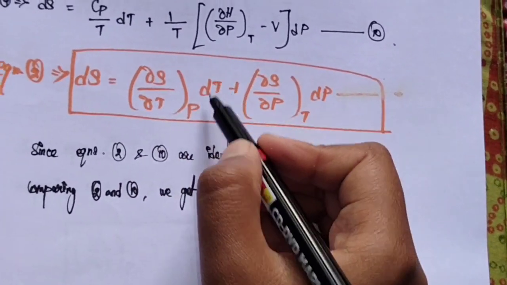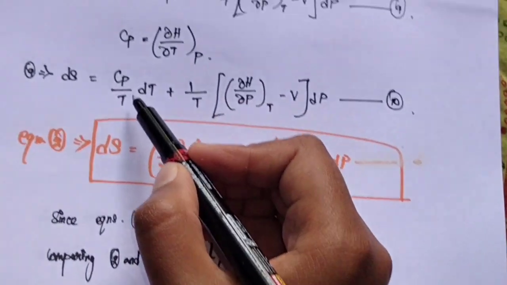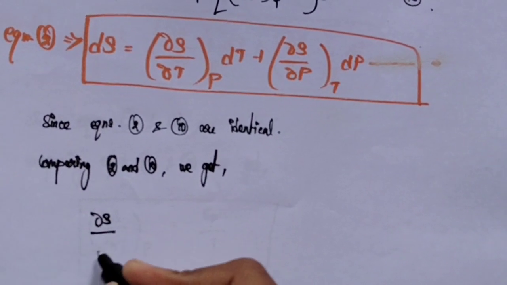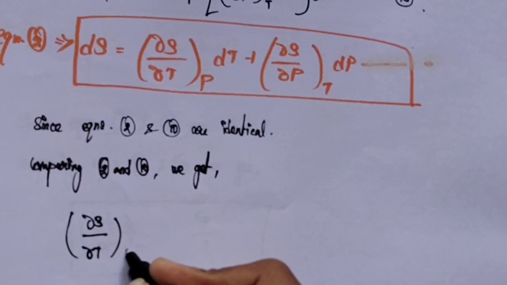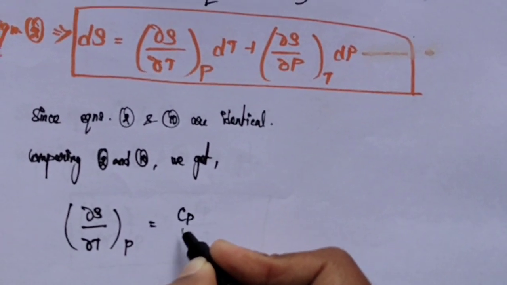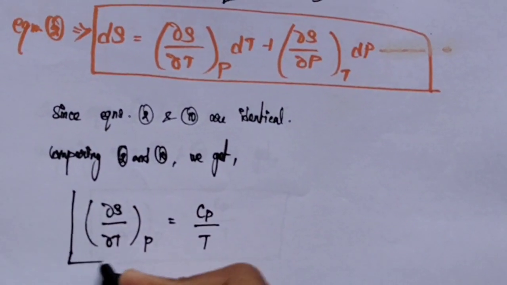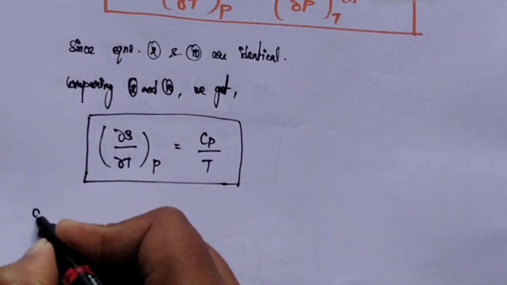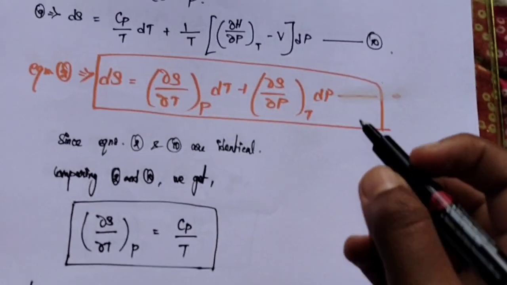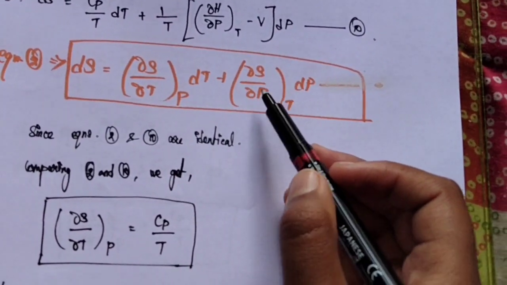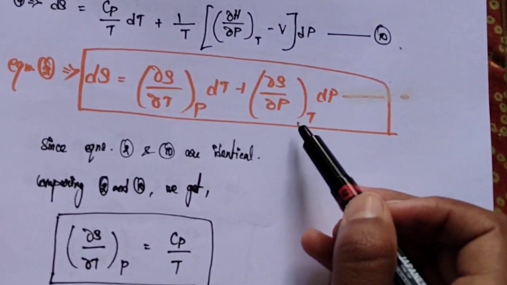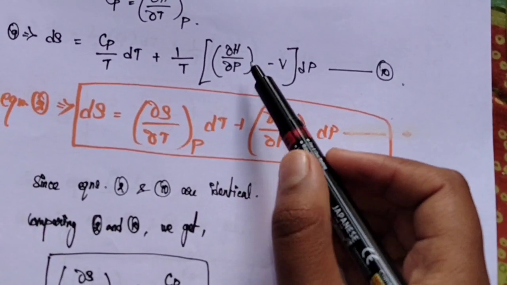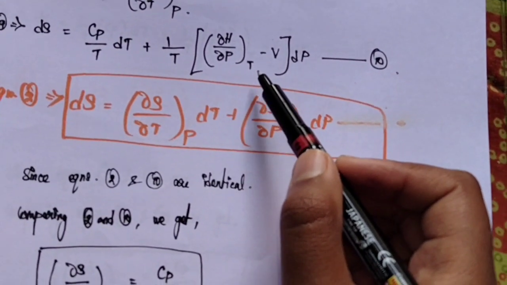the first term of equation 2 and the first term of equation 10 compared. So we get (∂S/∂T) at constant pressure is equal to Cp by T. And then the second term of equation 2, that is (∂S/∂P) at constant temperature, is compared to the second term of equation 10, that is 1 by T times [(∂H/∂P) at constant temperature minus V].